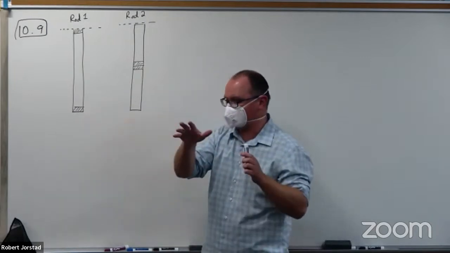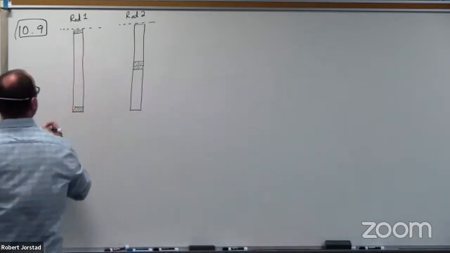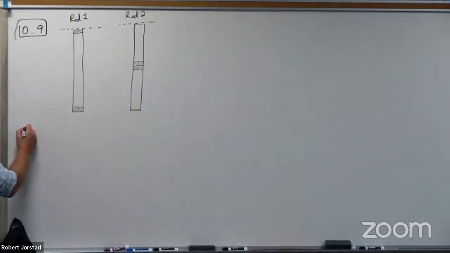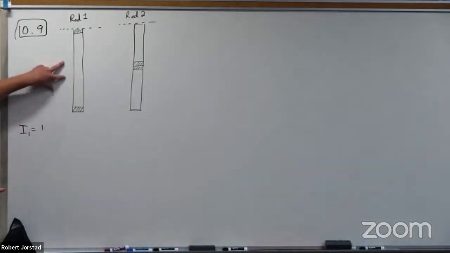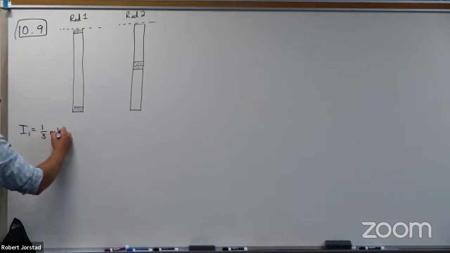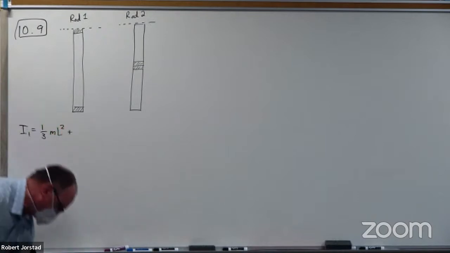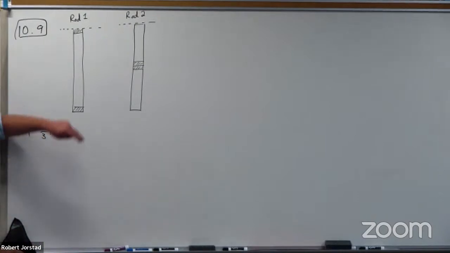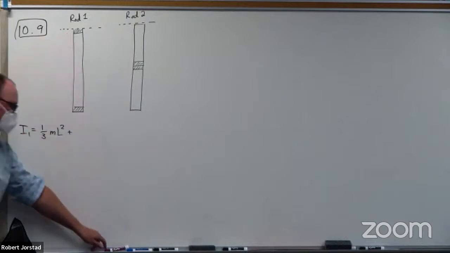So let's write out the equations and see if it makes sense. This one would be I1 equals... What's the moment of inertia of the rod for this axis? 1/3. What's the moment of inertia for this point mass up here?